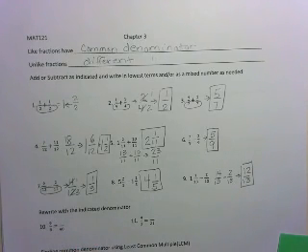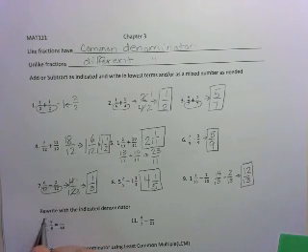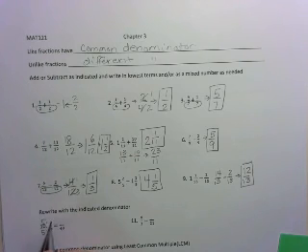So here we're just going to make equivalent fractions using a different denominator. So 8 times what gives me 40? My answer would be 5. 5 times 8 gives me 40. So I also have to multiply the numerator by 5.